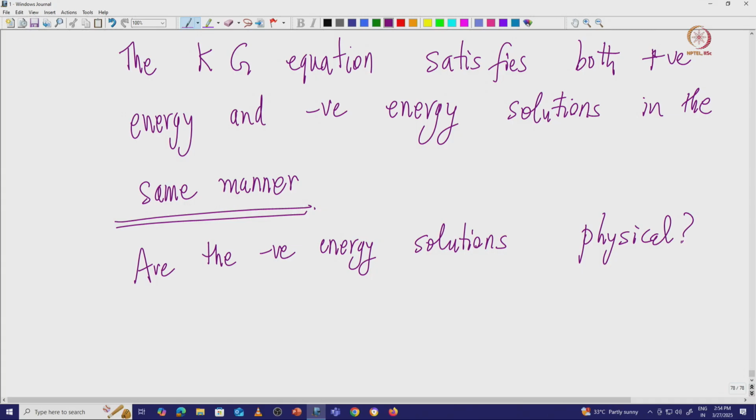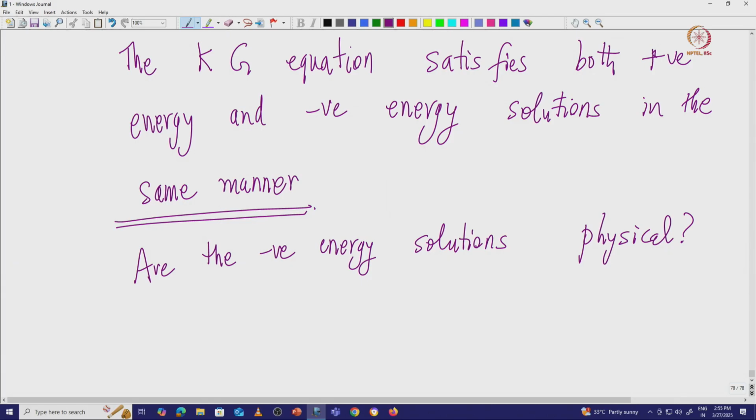Now, in physics we never hear about negative energy essentially. So, we think that negative energy solutions are completely unphysical. Okay. So, they should not be present. Then what does it mean to have negative energy solutions? What does the Klein-Gordon equation mean by admitting negative energy solutions?